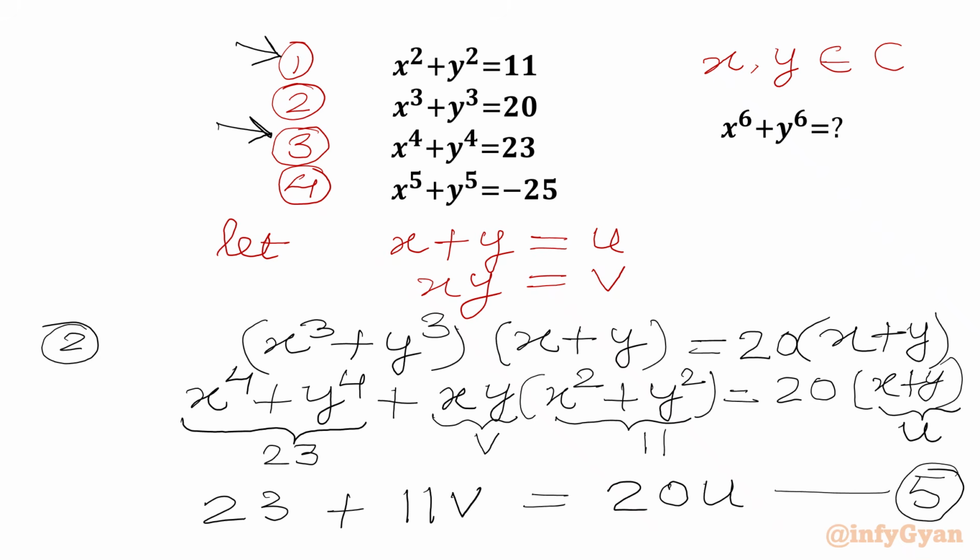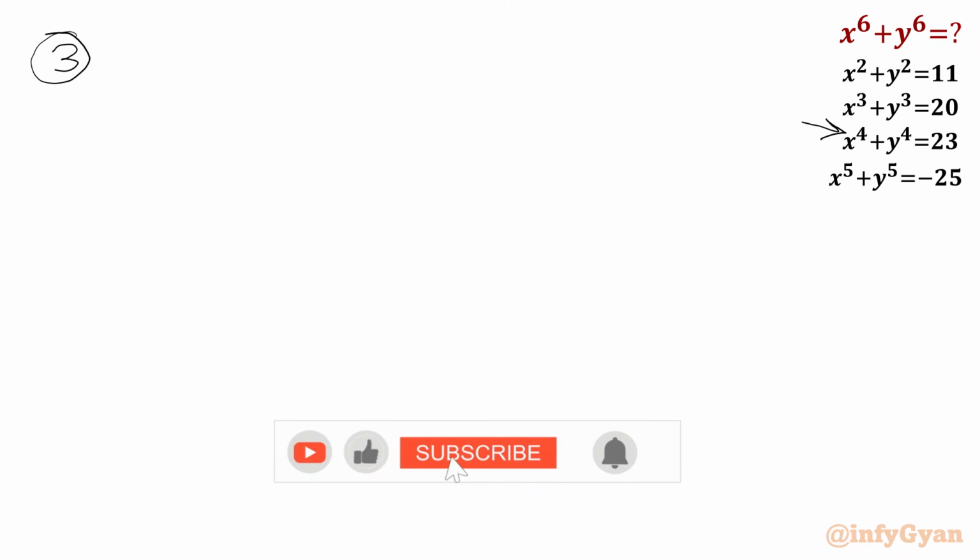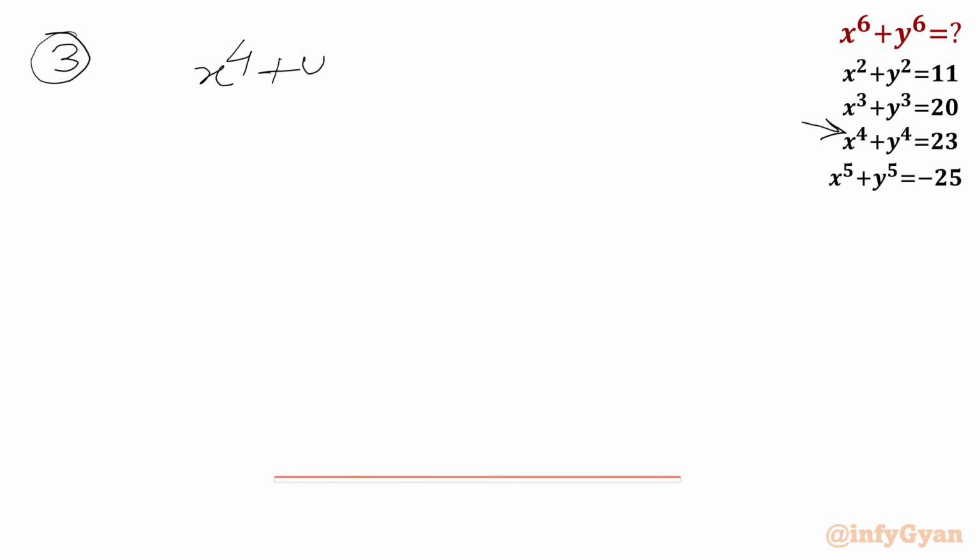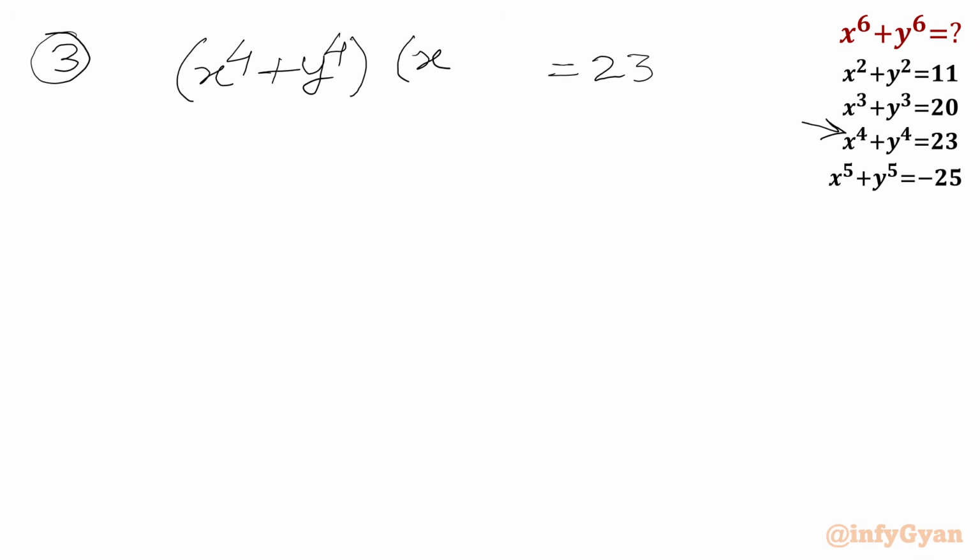Now we will write equation number 3. Let us write equation 3 here. This equation we will write x power 4 plus y power 4 equal to 23. Again we are going to multiply by x plus y both sides, given that x plus y cannot be 0.